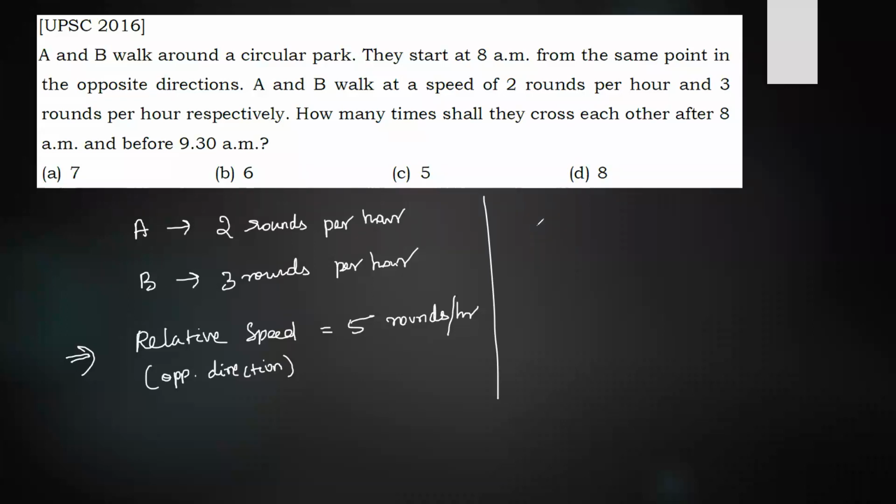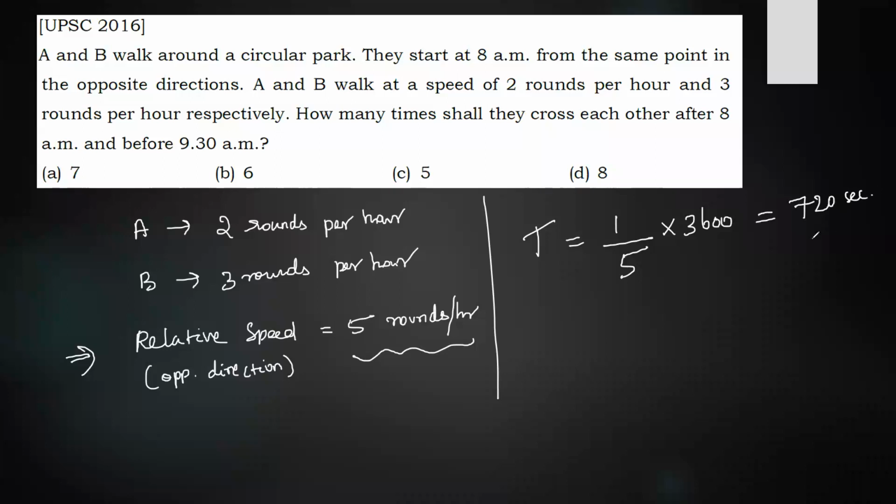Siddharth, can you explain this question? Yes, sir. First, we have to find the time taken for them to meet at least once. Okay, good. So 1 by 5 into 3600.